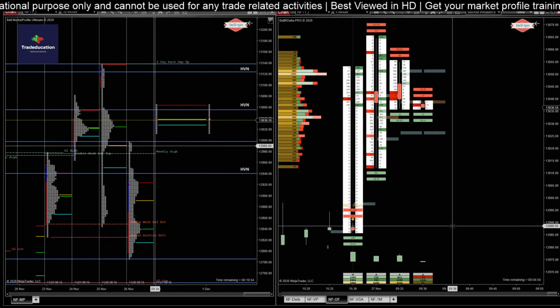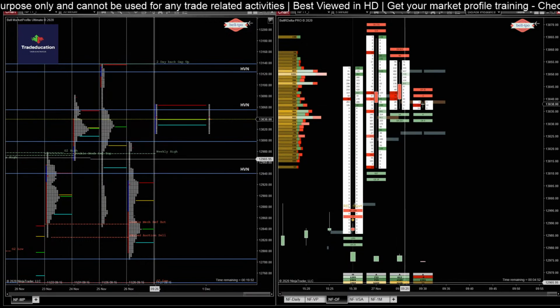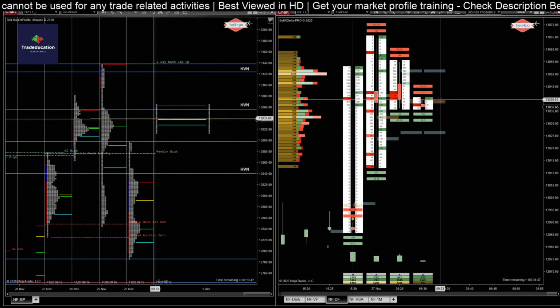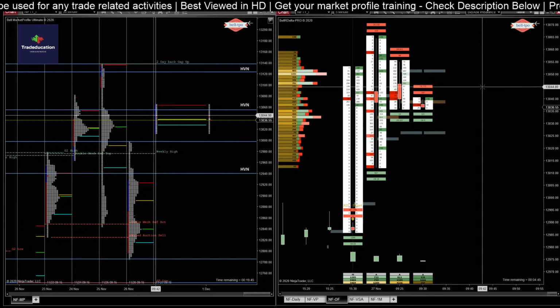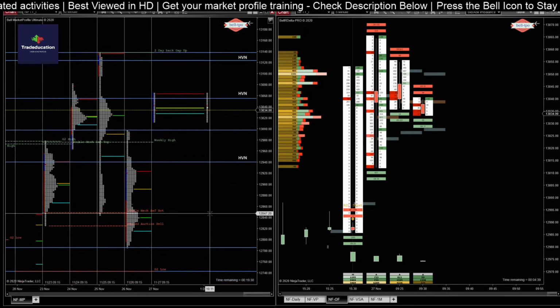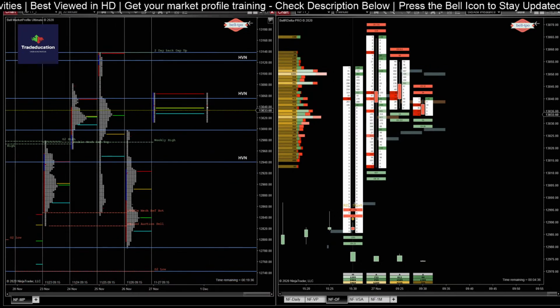The second 5-minute auction is closed, 4,000 contracts traded, and the auction is closed below VWAP. So now some choppiness will be seen around VWAP. Let's see, are there any trade locations?